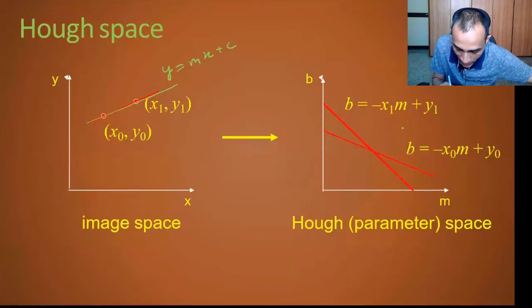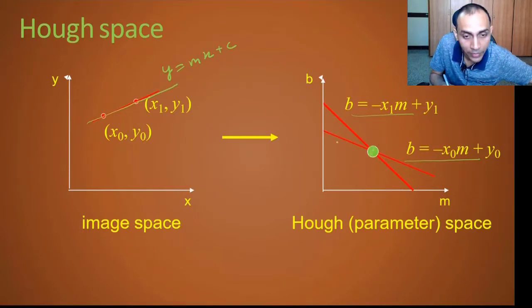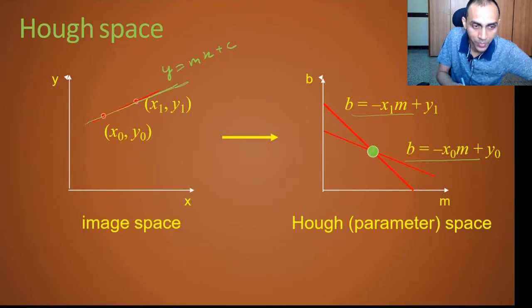But from the perspective of understanding the analogy here, when we try to solve these two equations, what are we coming at? We are basically coming at finding the intersection point. The point where these two lines meet will correspond to this line, because we had said that a point in Hough space corresponds to a line in the image space.